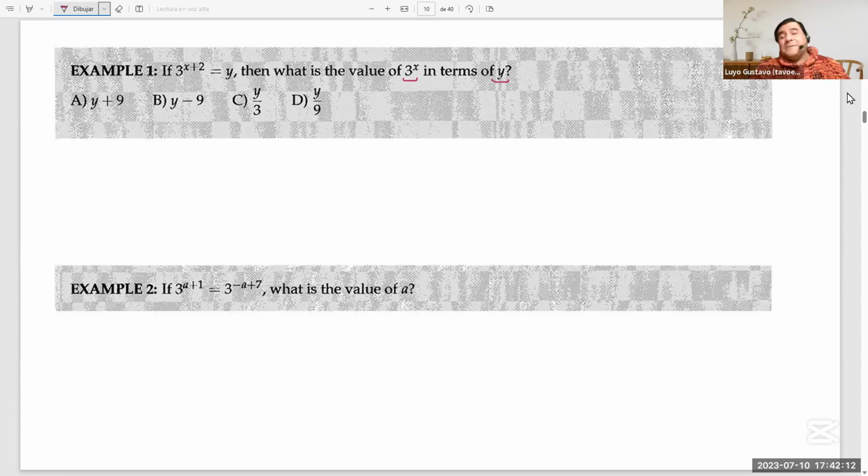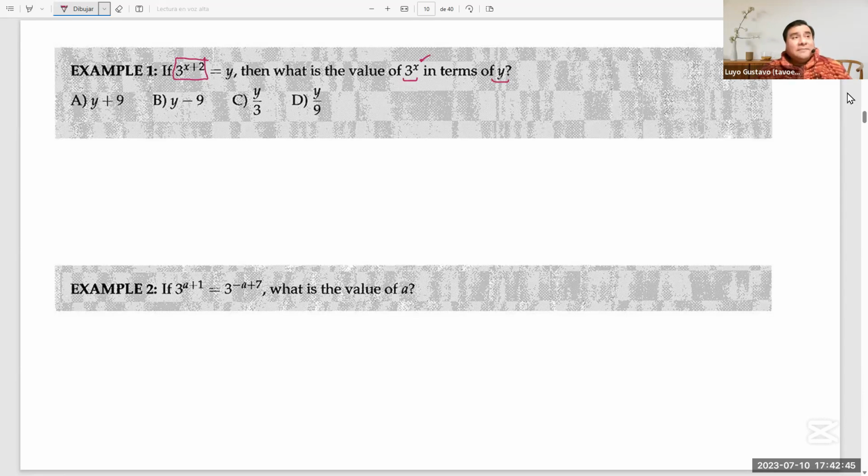So perhaps somebody would think, okay, maybe I will find first what is x in terms of y, and then I will substitute here the x and get an expression. Yeah, it's possible, but that would be actually very long. Instead, what can we do? For example, can we express this power as the product of two powers? Which two powers would they be?